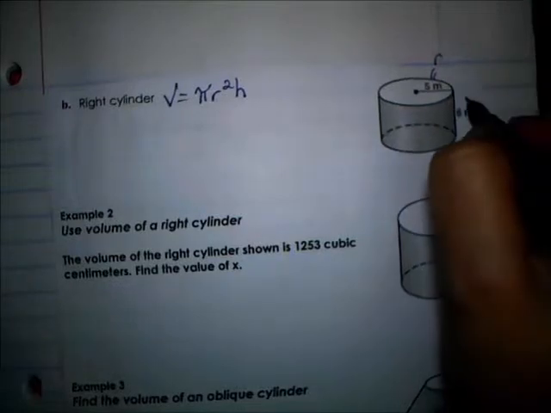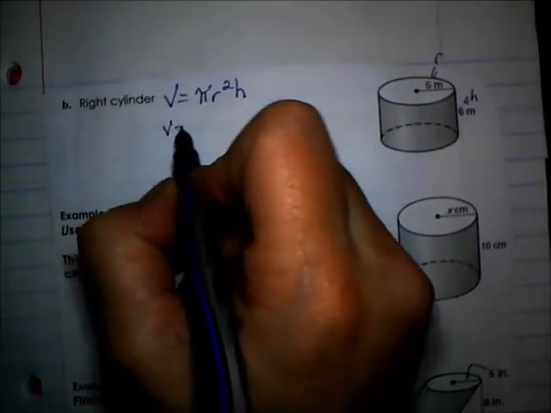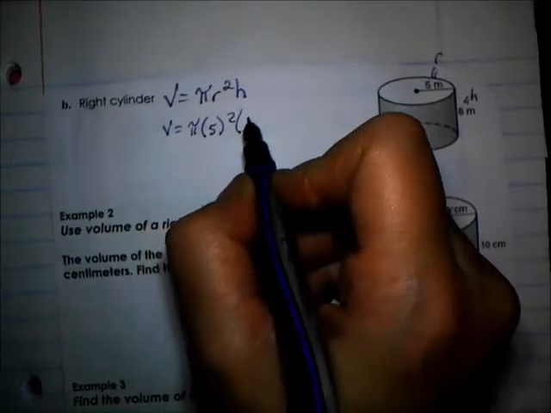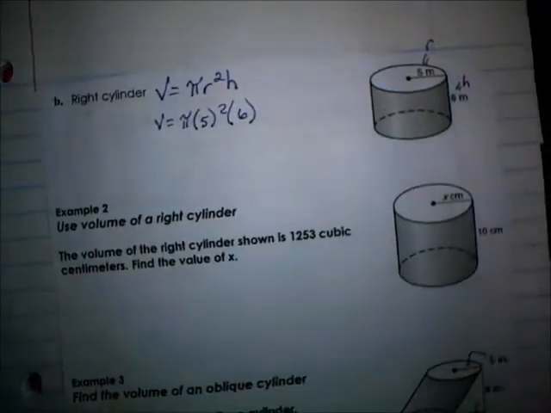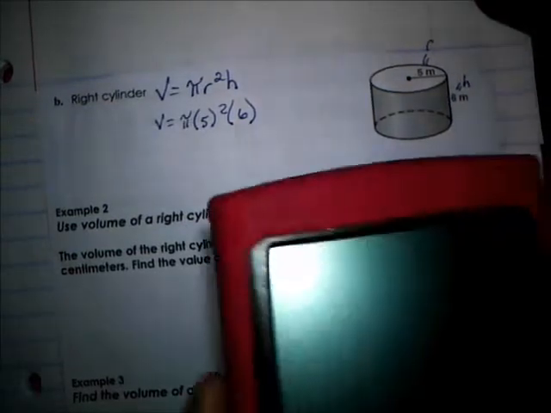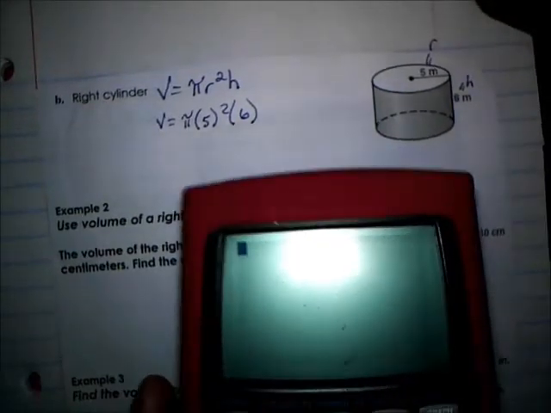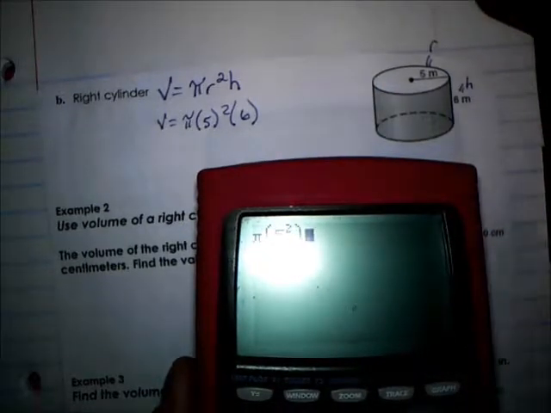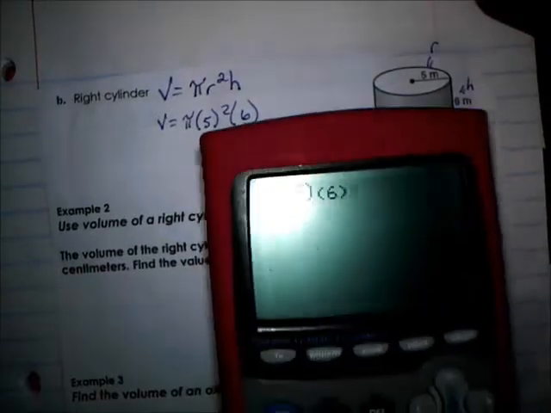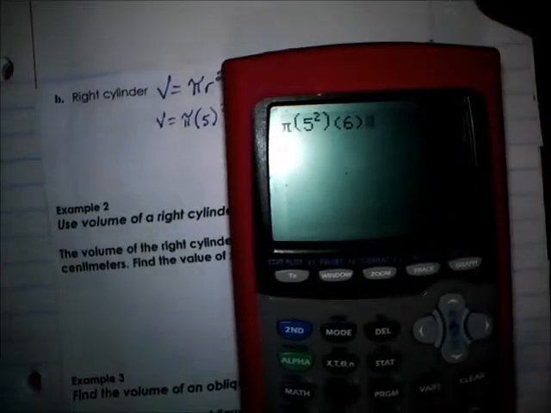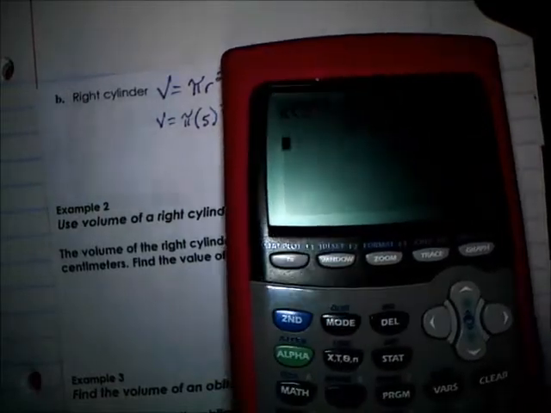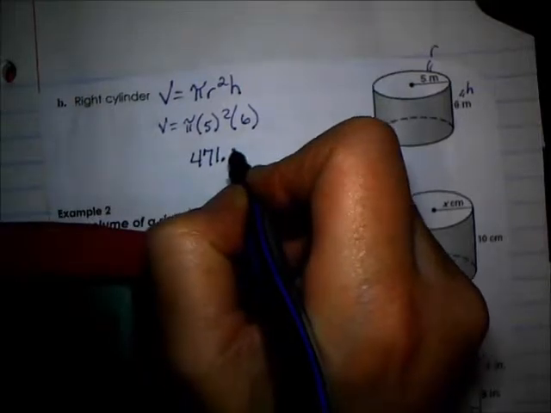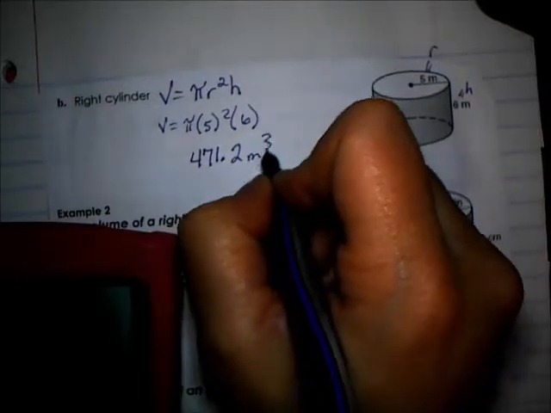So if I plug in my values, I have that written, and if I type in my calculator, I have pi times 5 squared times 6. I'll push enter, and that gives me 471.39 meters cubed, which will represent my volume.